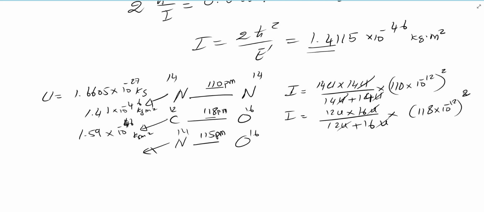So we're going to change the same thing, except now this is 14. Oxygen doesn't change, that stays the same, so that is 14. The mass doesn't change, and the separation changes. Separation is 115 picometers.